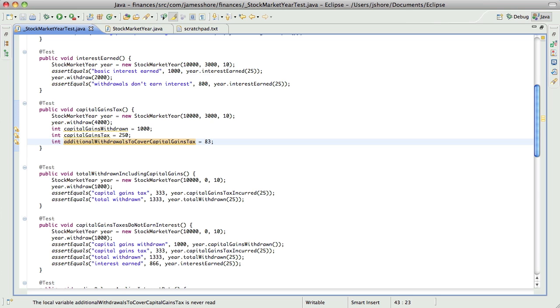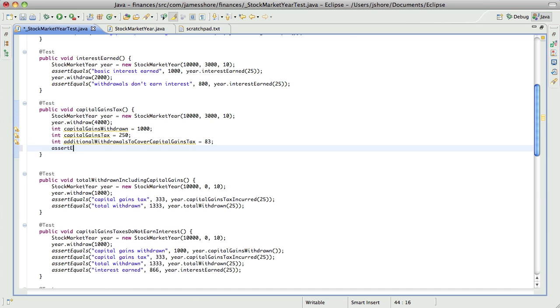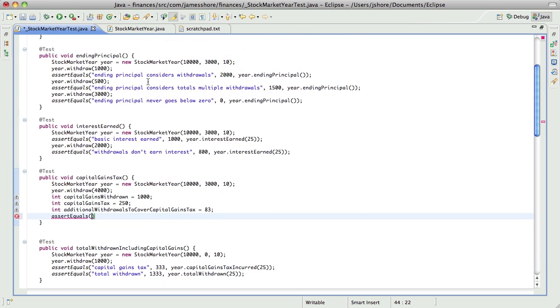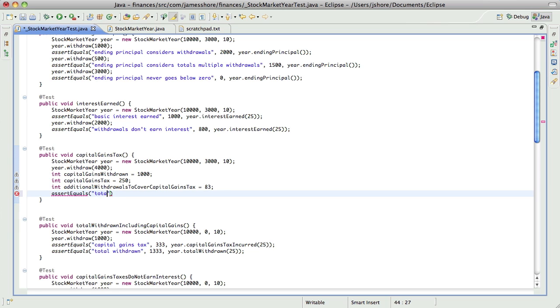Additional withdrawals to cover capital gains tax is 83. Okay, so we're going to expect that the total withdrawn should be capital gains withdrawn plus capital gains tax plus additional withdrawals to cover capital gains tax.